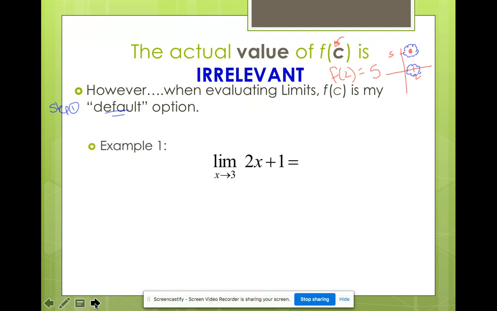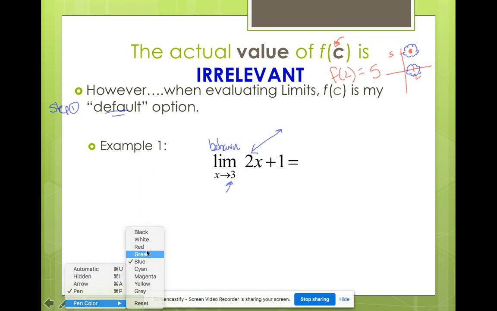So for example, when I ask you, what is the behavior of the function 2x plus 1, which is a linear function with a slope of positive 2 and a y-intercept of 1, as the domain gets really close to 3? Well, I know what happens exactly at 3, right?